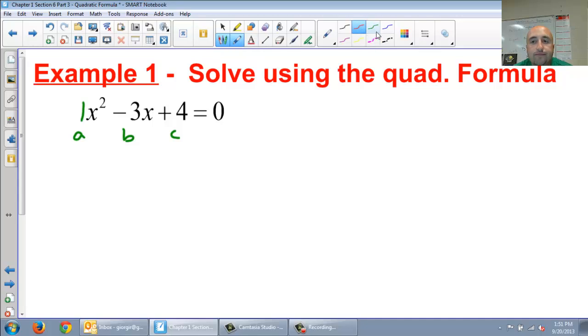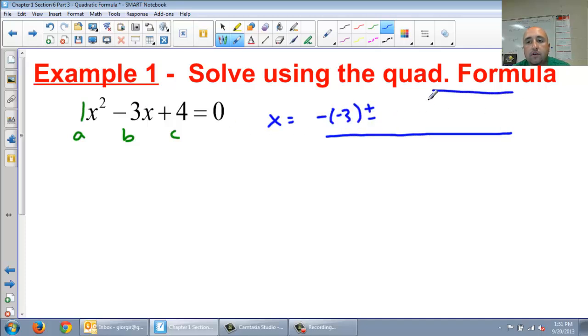Okay, so what we're going to do now is we are going to do the quadratic formula using that information. Okay, so it's always x equals, put a big line, negative B, B is negative 3, so I'm going to put negative 3 in parentheses, plus or minus B squared, so negative 3 squared, minus 4 times A, which is 1, times C, which is 4.